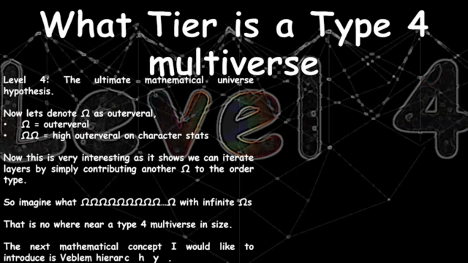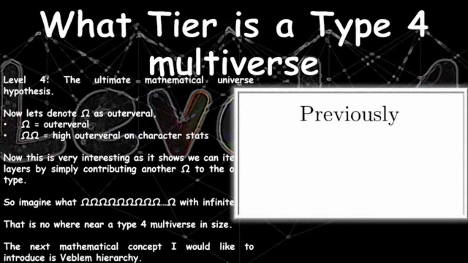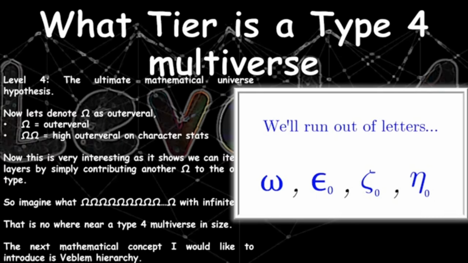So I will introduce a mathematical concept called the Veblen hierarchy to try and get closer to what a type 4 multiverse is. In this video, we look at various ordinals, such as omega, epsilon, beta, and eta. But we can only declare new ordinals so many times.